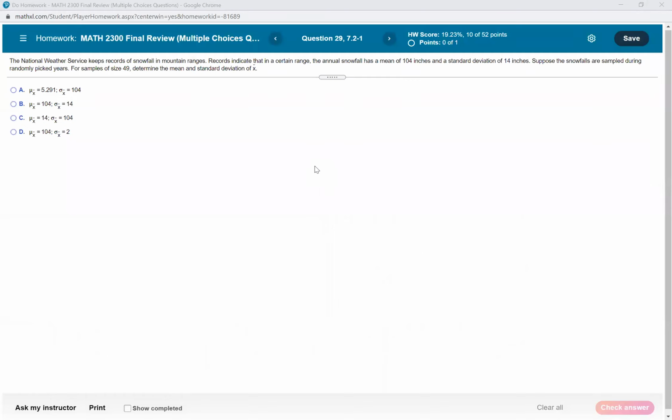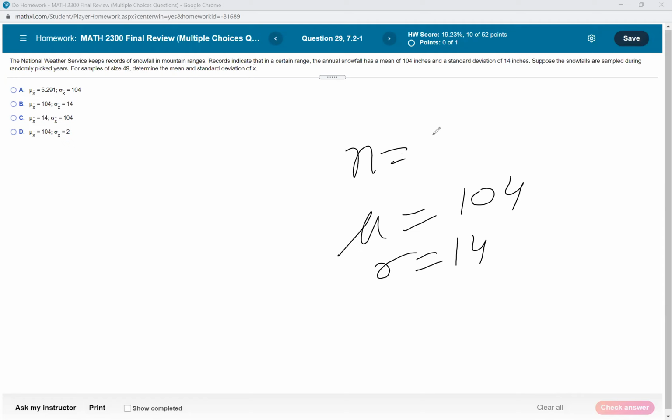Okay, so now in this question, we have the mean and standard deviation. We have mu equal to 104 and sigma equal to 14. For the sample size n equal to 49, we need to find the mean of x bar, that is mu x bar, and we have to find sigma x bar.